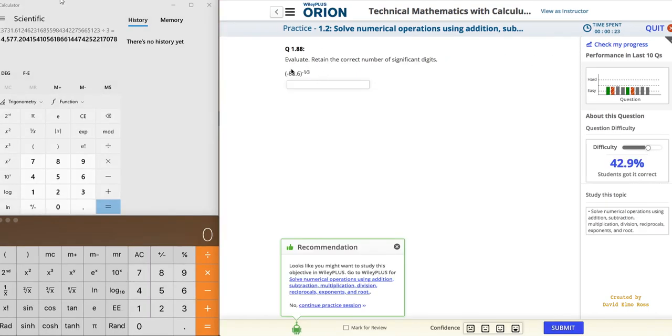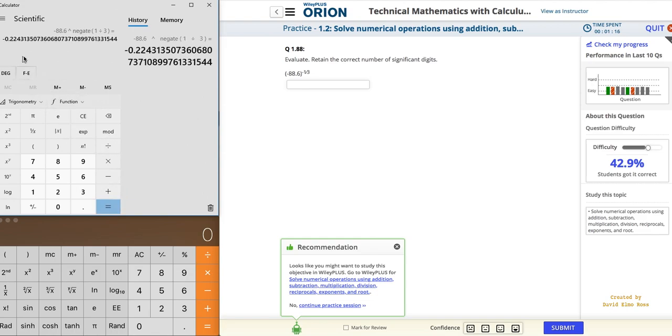Now notice what we have here. This is a number to the minus 1/3. 88.6, change sign. In this case, we either use second, or we can actually say x to the y. And x to the y is probably the better one. And so what we're going to do is say bracket 1 divided by 3, bracket, change sign, equals.